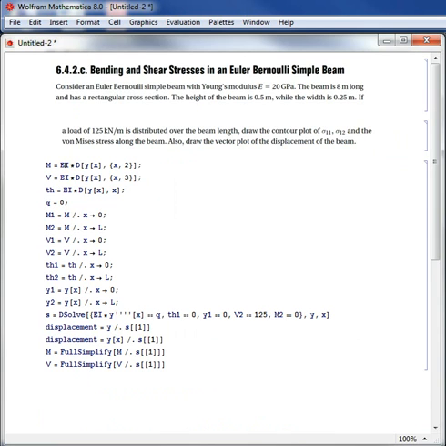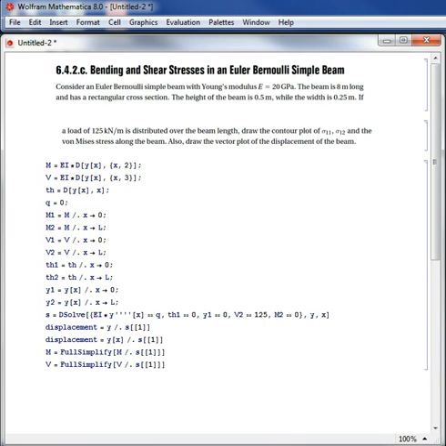Again, this is the moment, this is the shear, this is the theta, the rotation. But notice that I put here EI, but I shouldn't put EI. The rotation is only equal to dy by dx.